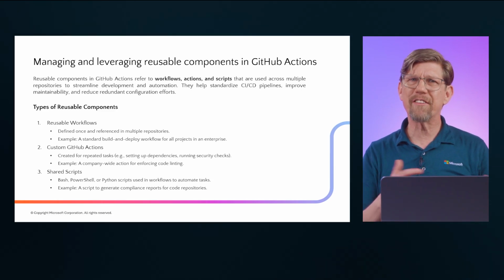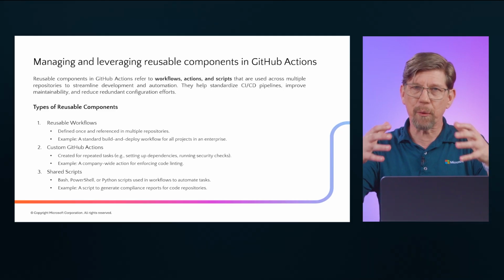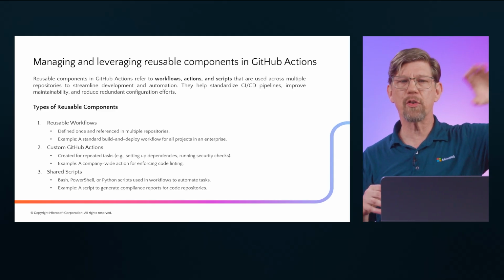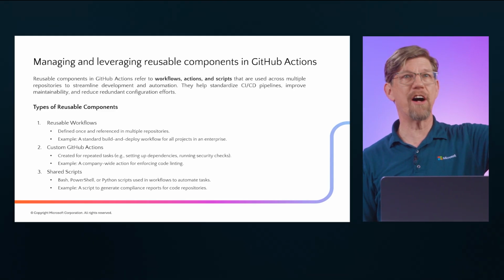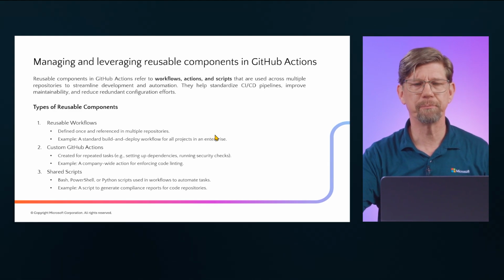So here we want to take a look at where is that sharing being done. Do you want to share within the org, or do we want to go a little bit broader than that and have maybe certain organizations where we have repos in there where our reusability takes place?